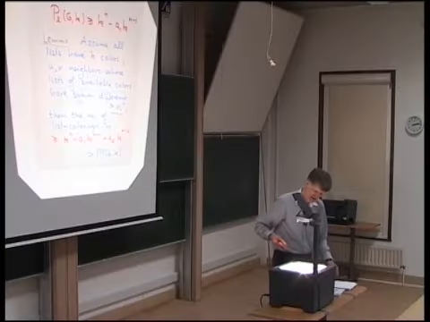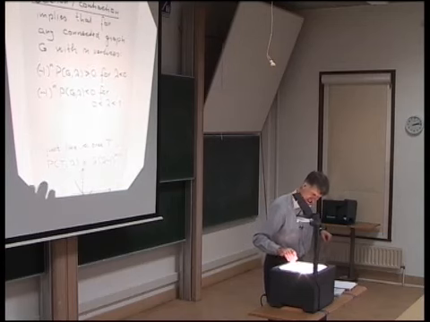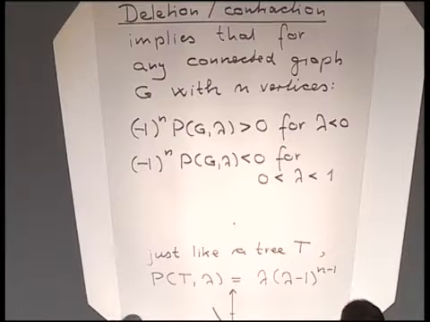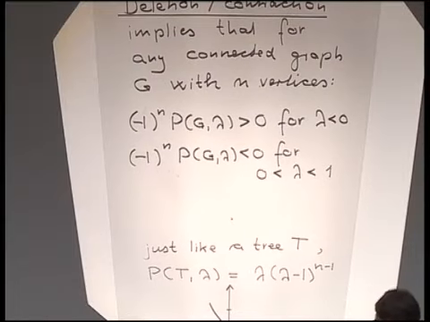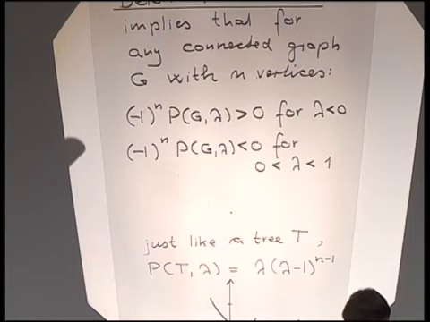The rest will be about ordinary chromatic polynomials. I'm going to talk about roots, and here is something Bill also mentioned in his talk. If you have a connected graph with n vertices, then deletion contraction implies these inequalities for lambda smaller than naught, and also we have something for lambda between 0 and 1.